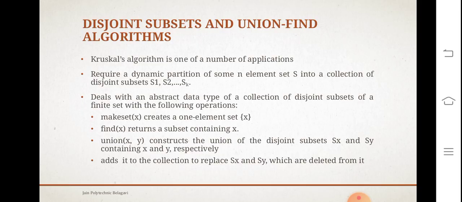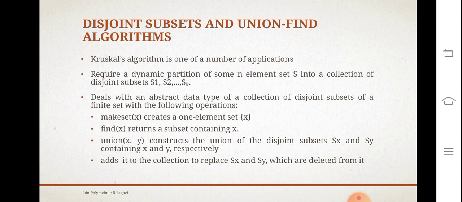Then we have the disjoint subsets and union find algorithms. Kruskal's algorithm is one of a number of applications that require a dynamic partition of some n element set S into a collection of disjoint subsets S1, S2, till Sk. It deals with an abstract data type of a collection of disjoint subsets of a finite set with the following operations.